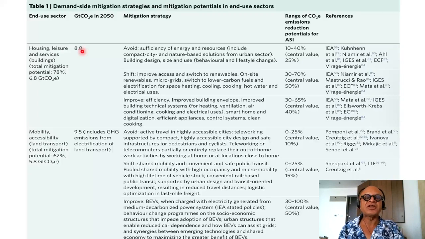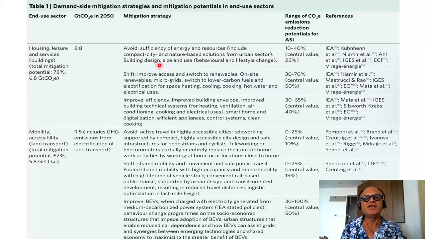The mitigation strategies in avoid include sufficiency of energy and resources, include compact city and nature-based solutions from urban sector. We have discussed these elsewhere, but not in a particular context of demand-side solutions, but you can hopefully map them back. And of course, this includes building design, size, and use, which require behavioral and lifestyle changes.